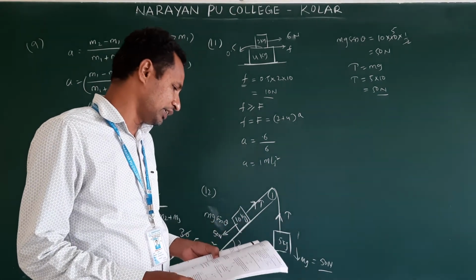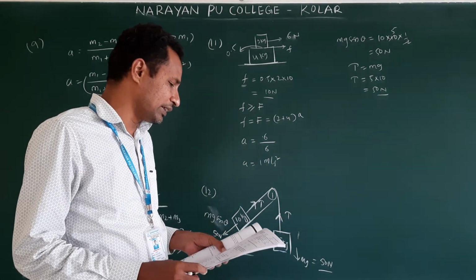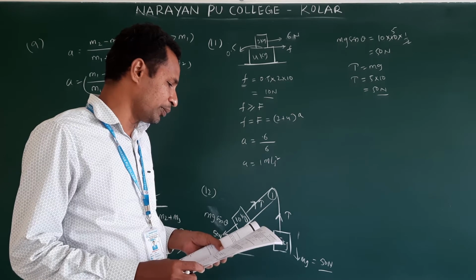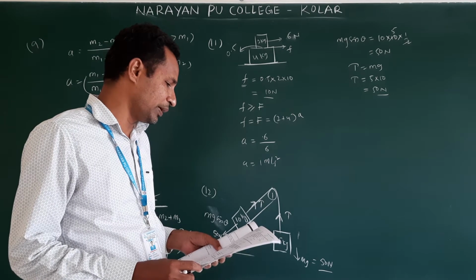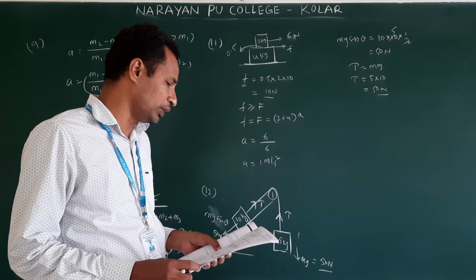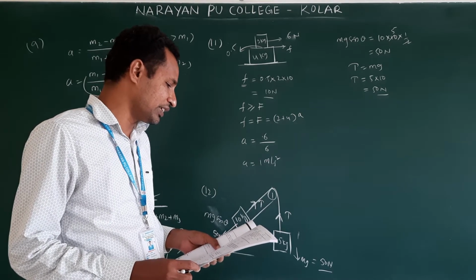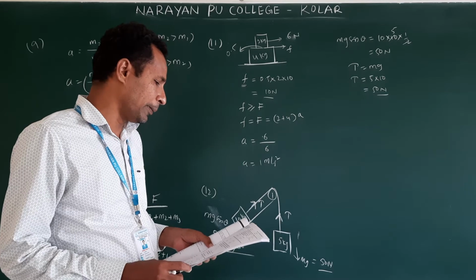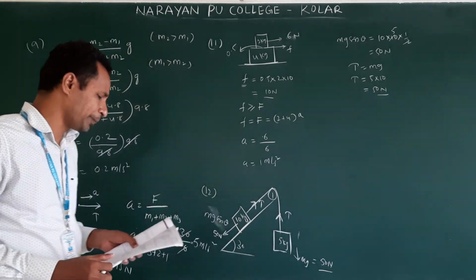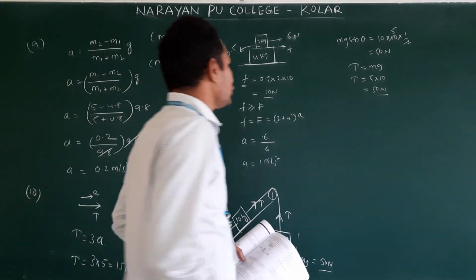Next, 13. A 4 kg block is lying on a smooth table, connected to a block of mass 6 kg by a string which passes through a pulley. The 6 kg mass is initially hanging vertically. Find the tension in the string and the acceleration of the block. Okay, so 13.